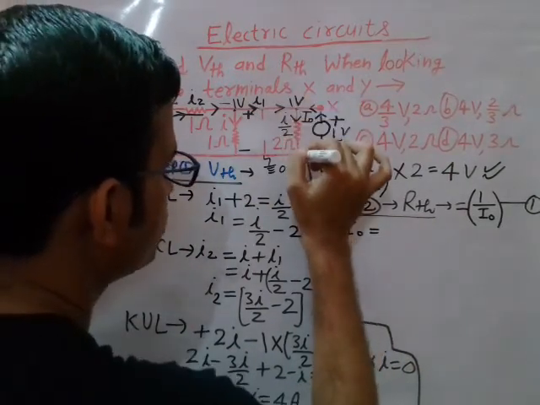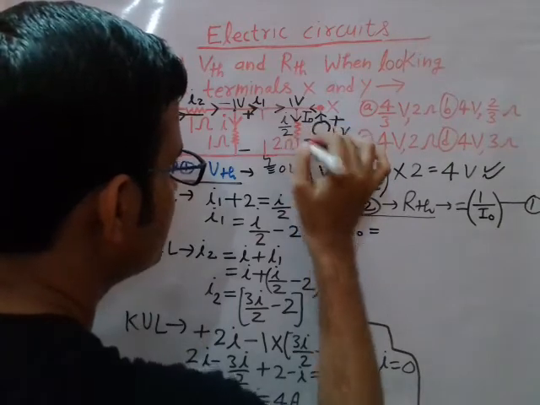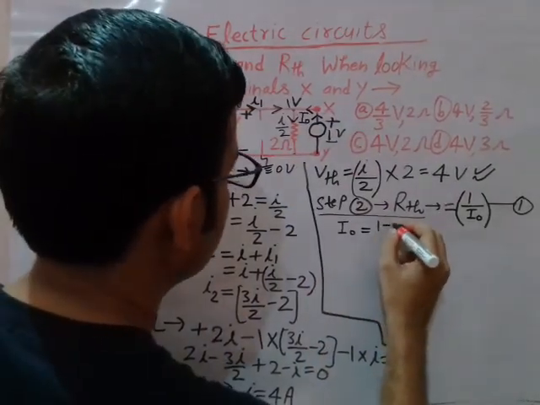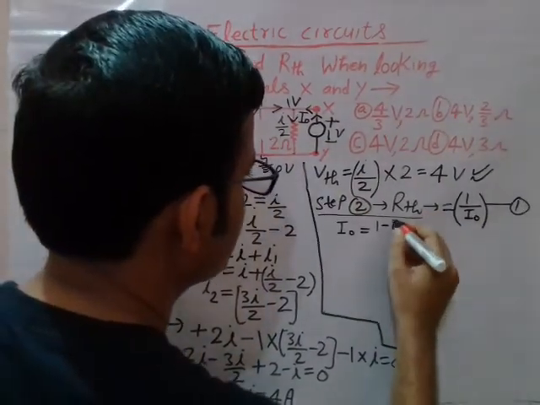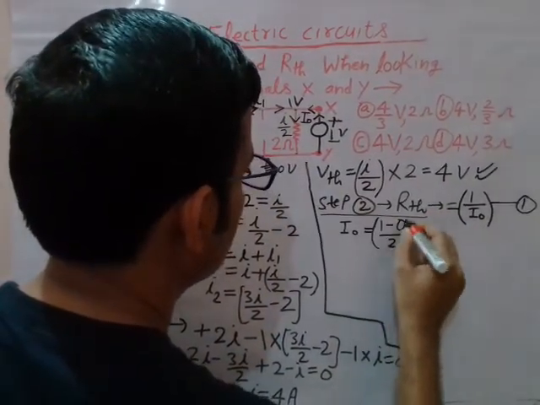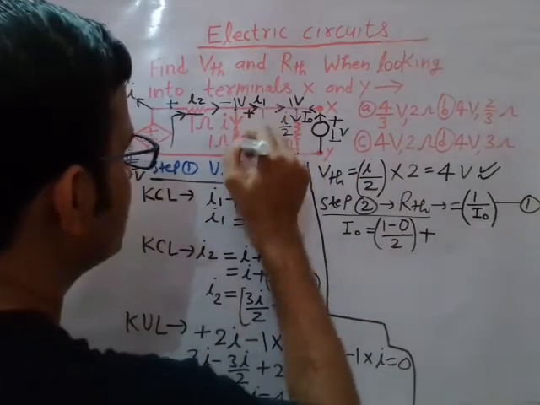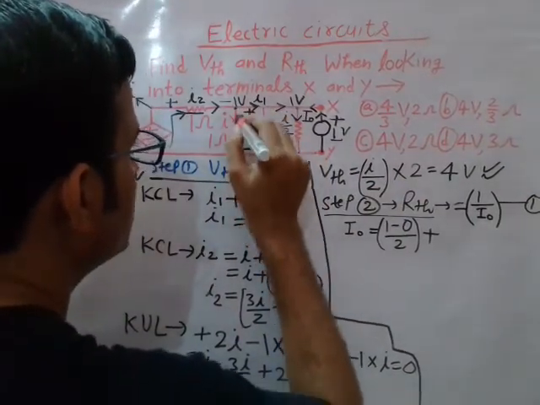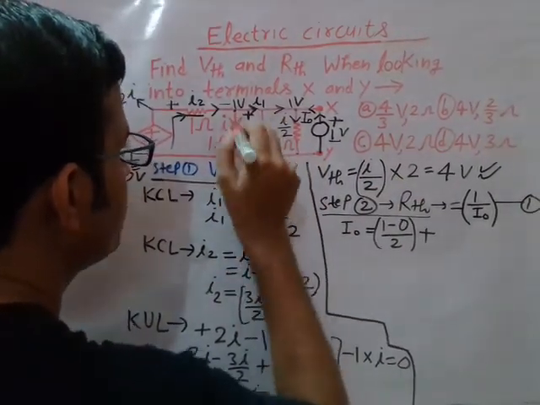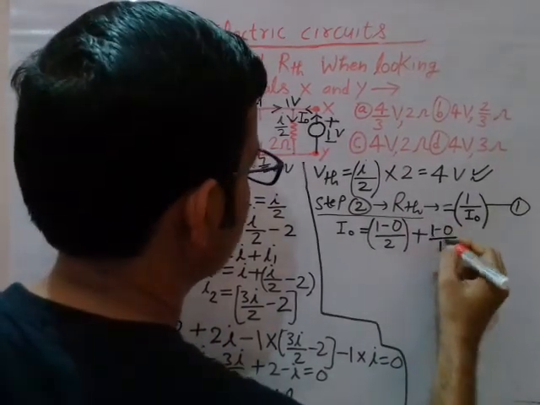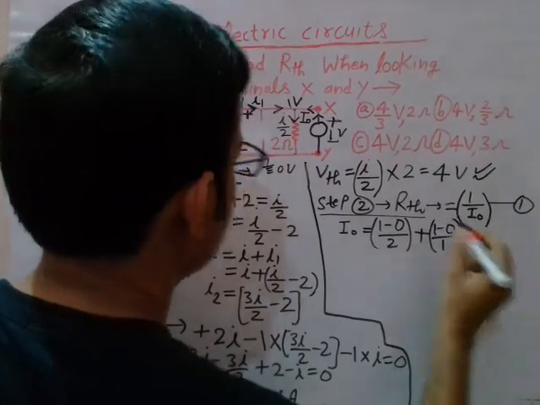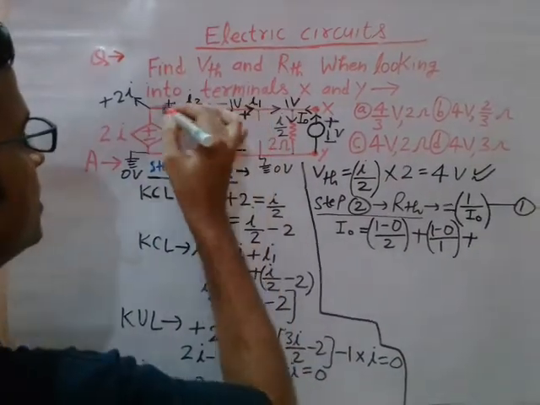1 minus 0 divided by this resistance. So I will write 1 volt minus 0 volt divided by 2, and plus this current will be equal to 1 minus 0 divided by 1 ohm, since this is also ground. Plus, now tell me what is this current?